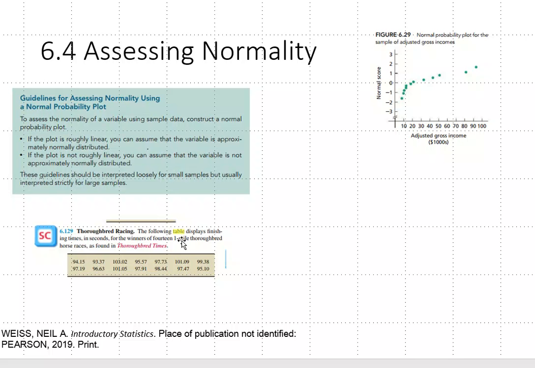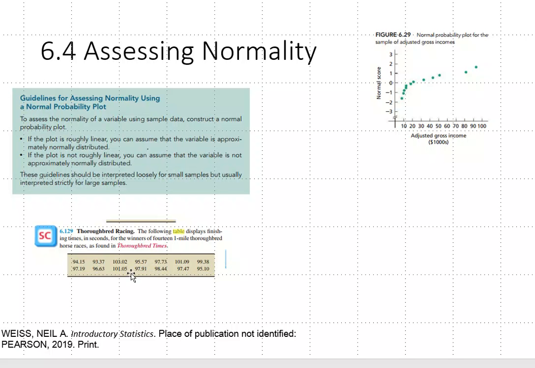6.129 in the textbook has a table listed with different values, and we are instructed to create this normal probability plot and determine whether or not the data is normally distributed.